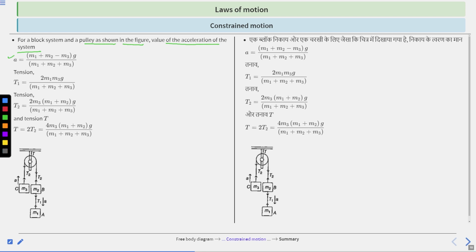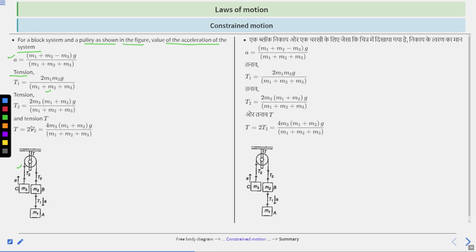So this is the acceleration of the system. And tension T1 is equal to 2 m1 m3 divided by (m1 plus m2 plus m3), so (m1 plus m2) multiplied by g divided by this term is the tension. And tension T2 is 2 m3 (m1 plus m2) multiplied by g divided by (m1 plus m2 plus m3).